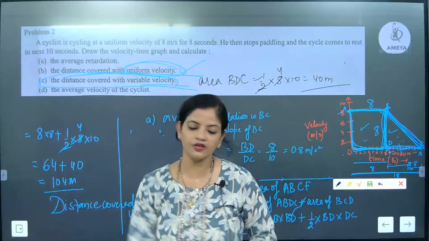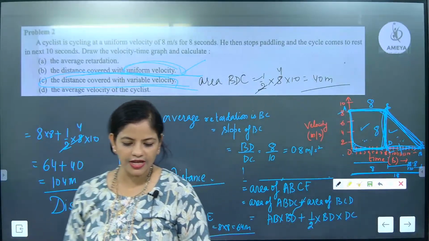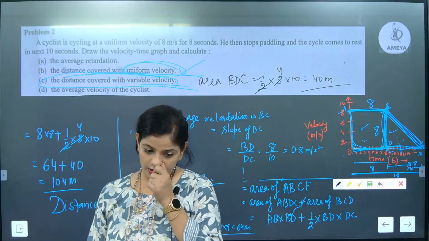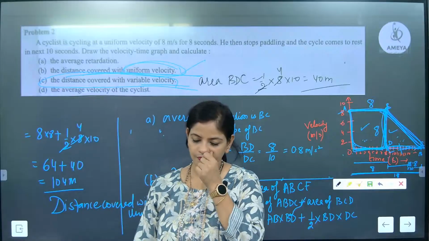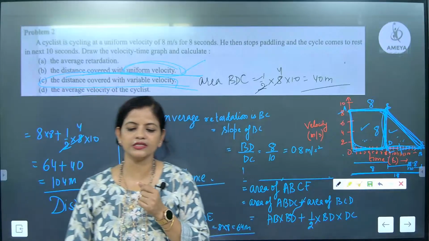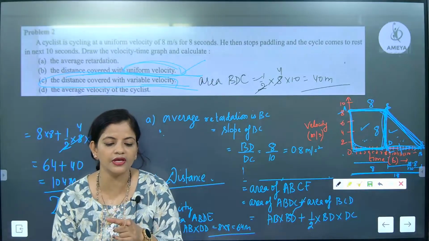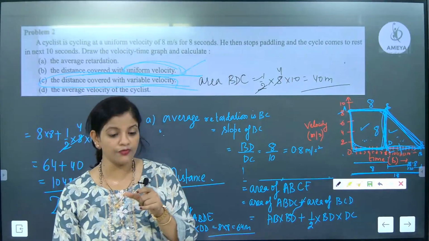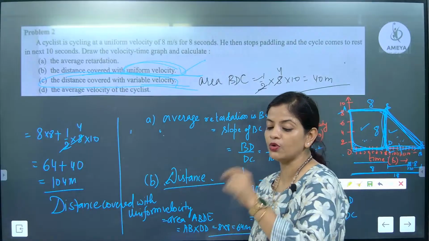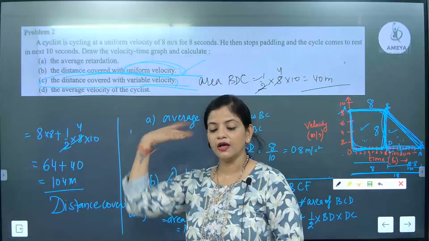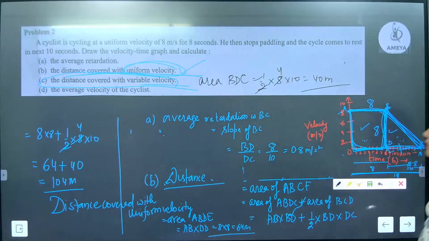Last part, the average velocity of the cyclist. Come on, go for it. Distance covered with variable velocity will not be that. Please rectify that, Tanisha, it is not correct. You are wrong here. Distance traveled with uniform velocity is 64, non-uniform is 40, total is 104. I found the total first so that you can understand that uniform is 64 and non-uniform is 40.